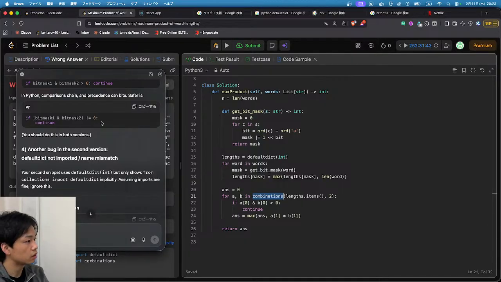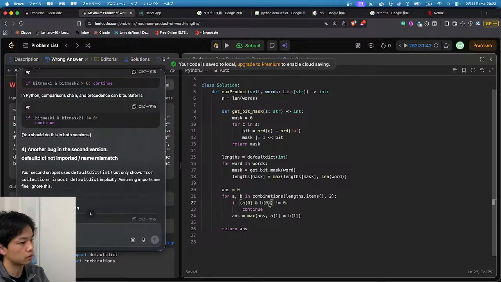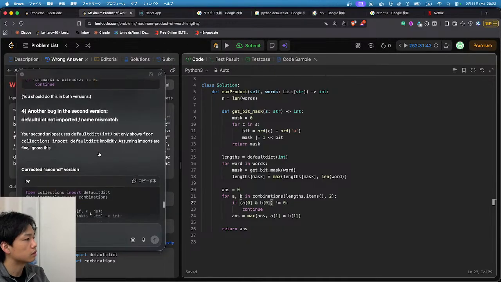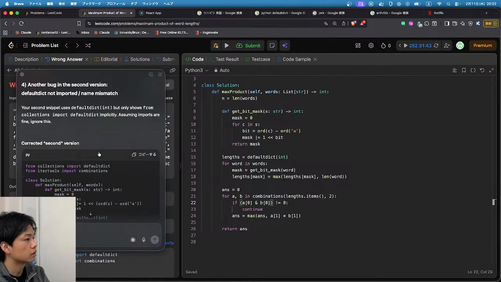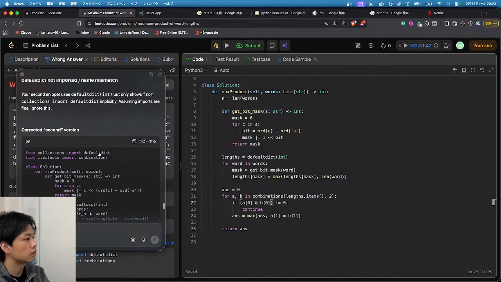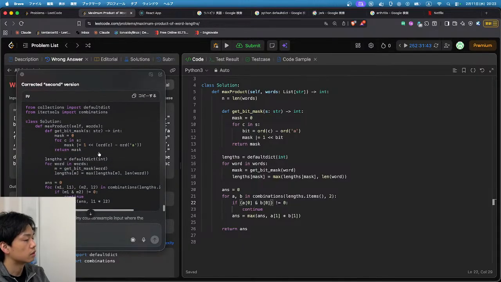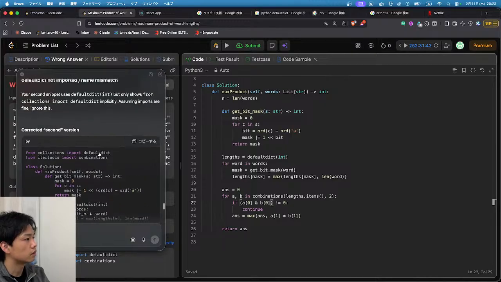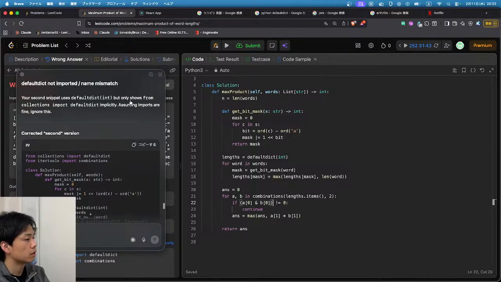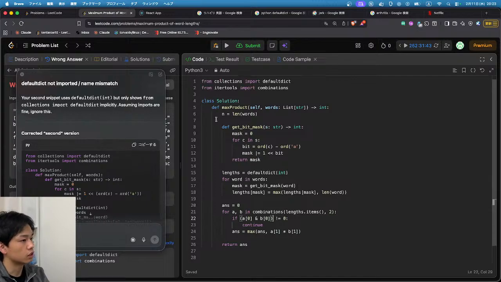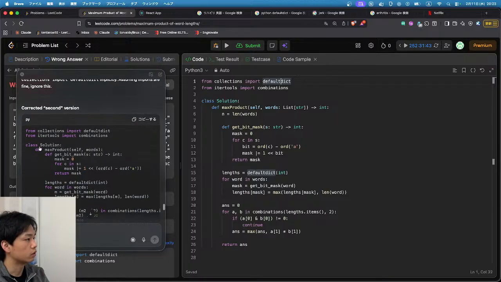Okay. Not 0. But only shows from collection input implicitly. Assuming inputs are fine, ignore this.